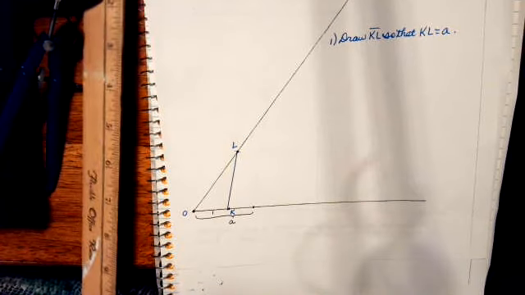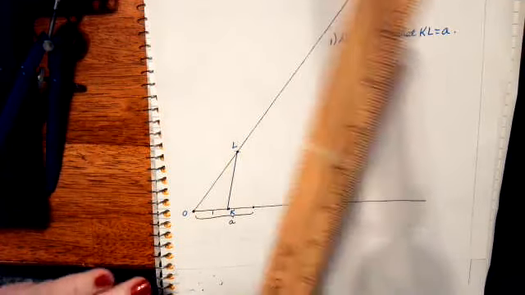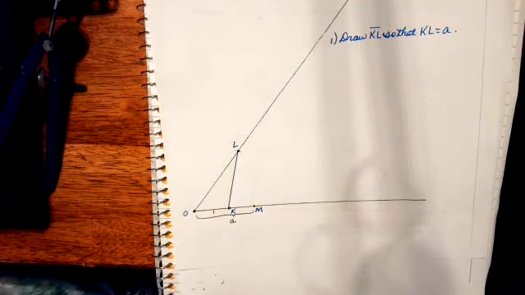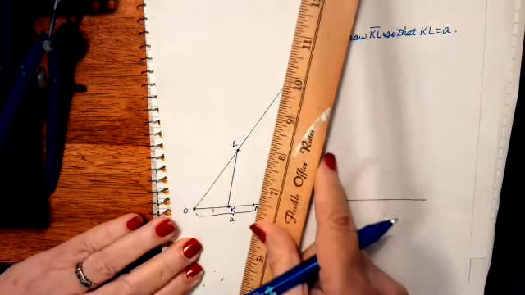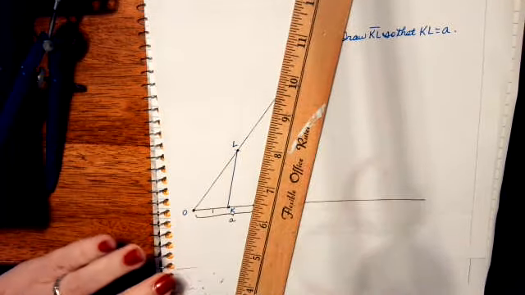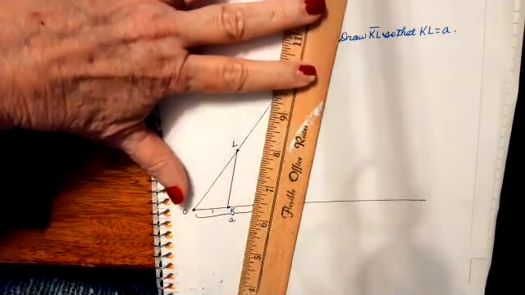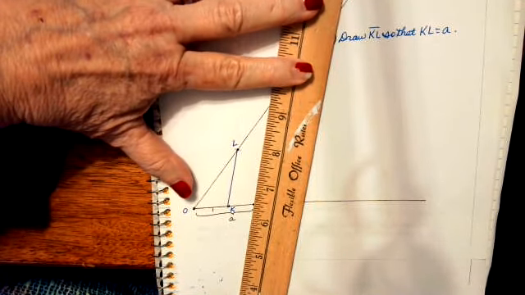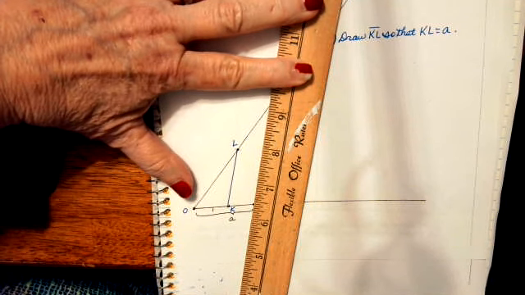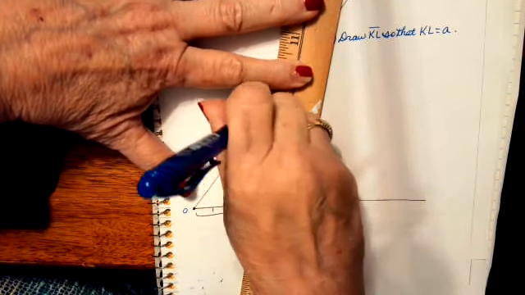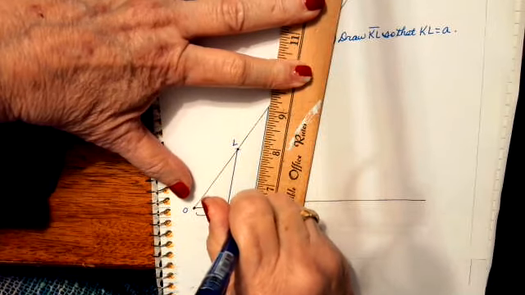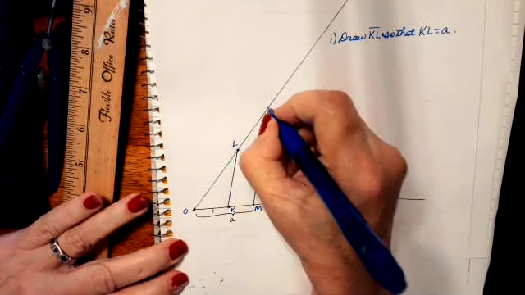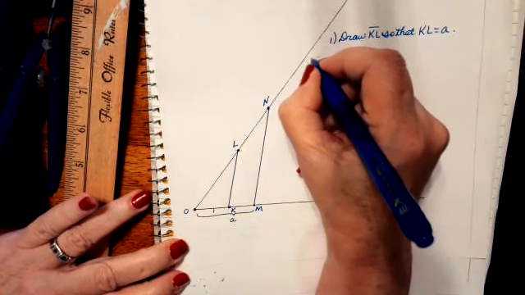Okay, so once he did that, that was step one. Now he's going to come over here and draw a second line segment, label that point M, that is parallel to the one he just drew. Now, I'm not going to use a compass and a straight edge to do that. I'm just going to eyeball it and see if that doesn't look parallel. It does to me. Close enough. All right, so that's capital M. This is capital N. Let's write down what we just did.